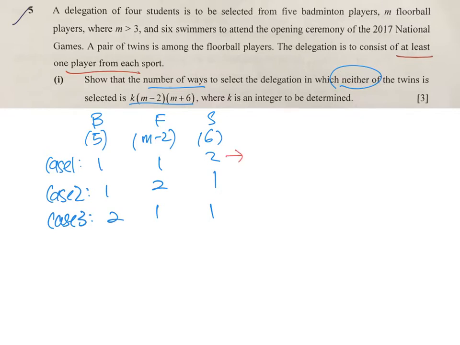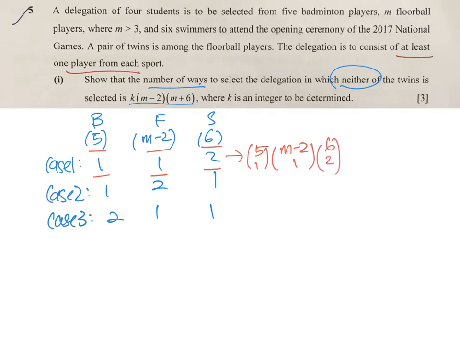For case 1, since we are selecting 1 out of 5 badminton players, the number of ways will be 5 choose 1. We are selecting 1 out of n minus 2 floorball players, so the number of ways will be n minus 2 choose 1. And swimmers, we are selecting 2 out of 6, so it will be 6 choose 2 ways.